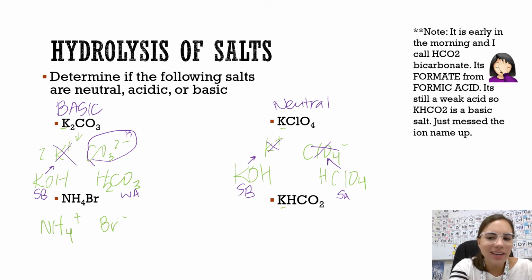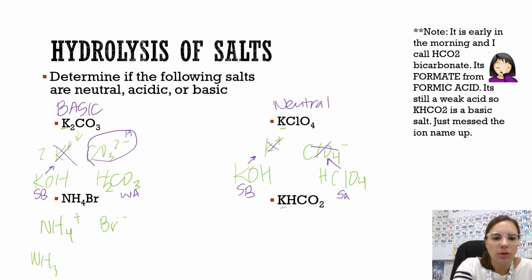You should recognize that ammonium is the conjugate acid of ammonia. It's not the conjugate of ammonium hydroxide. It's the conjugate of ammonia. So you just got to recognize that.